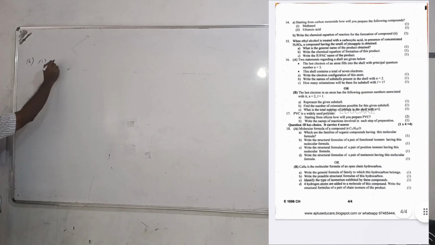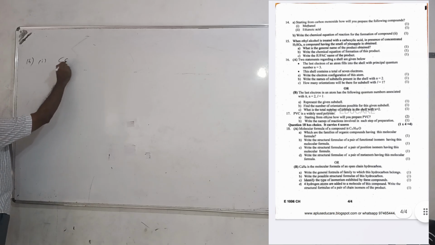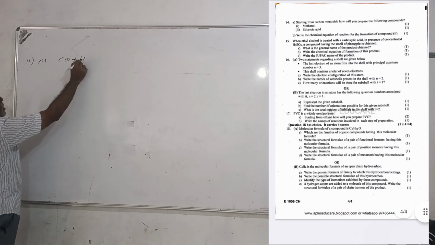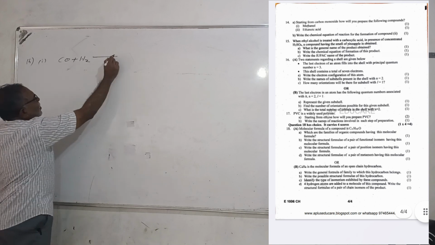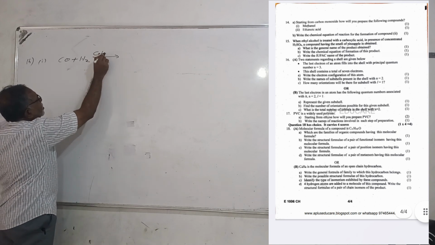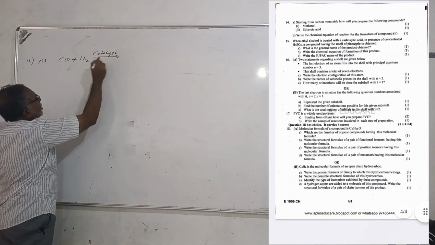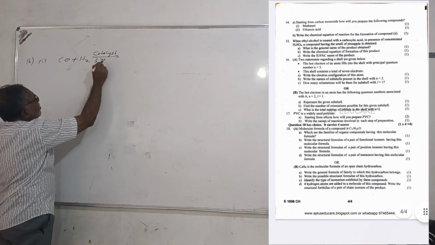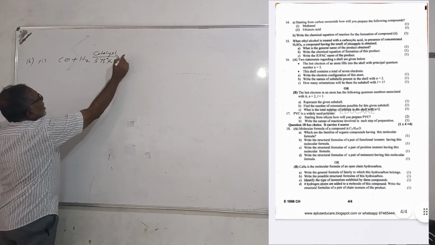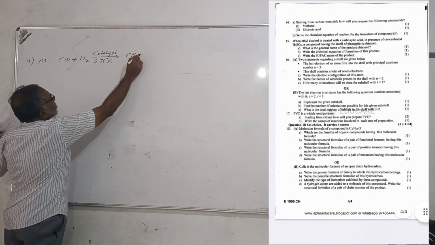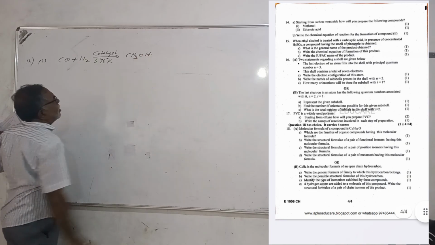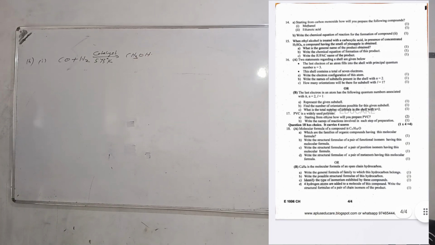When carbon monoxide is treated with hydrogen in presence of a catalyst at 573 Kelvin, you get methanol. This is the industrial production of methanol.